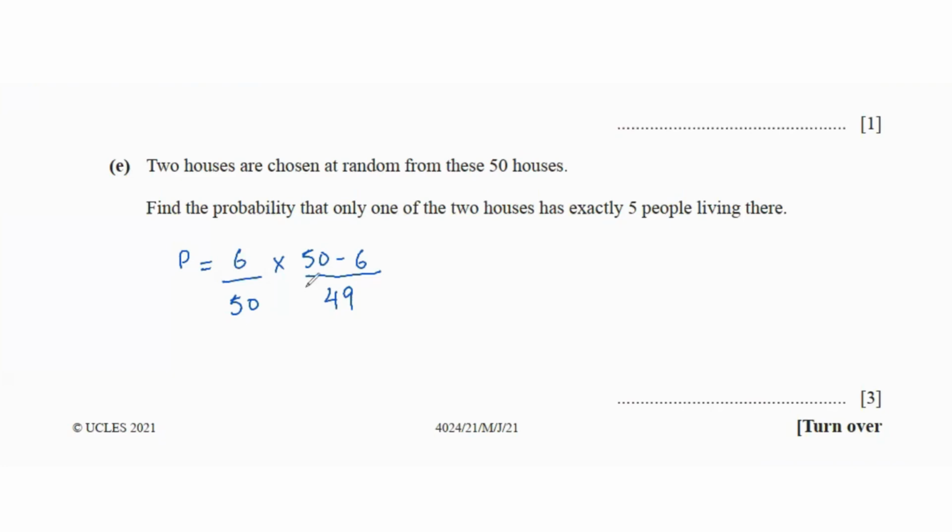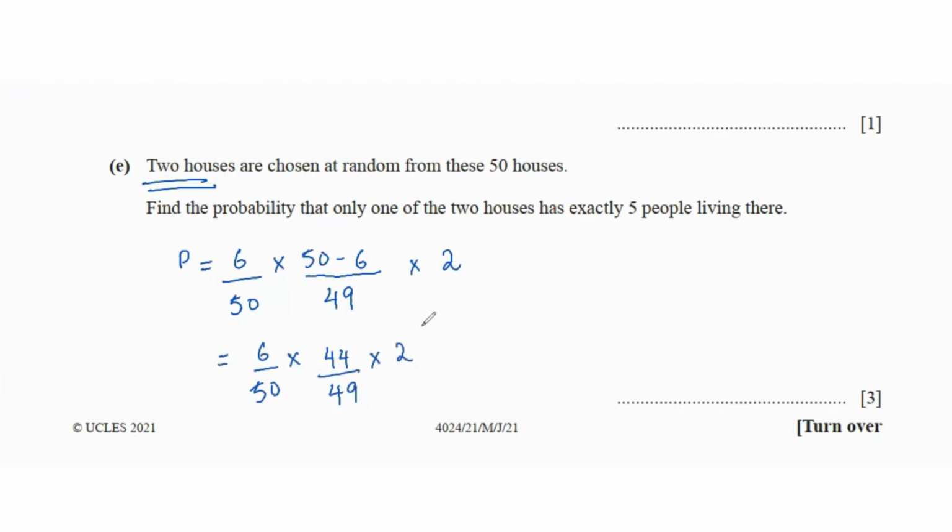And the denominator is going to be 49 because we have removed one house from there. So the total has also changed, because the first probability talks about 5 people living in a house. If we have removed that one house, we're left with one less house. And this entire thing is going to be multiplied by 2 because 2 houses are chosen at random. So that's going to be 6 over 50 times 44 over 49 times 2.